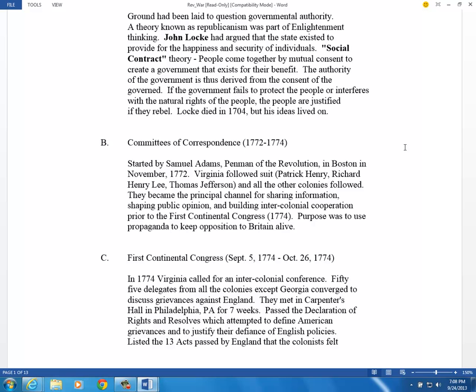Now, they're pulling this part in here, talking about deriving their powers from the consent of the governed. Where's that coming from? Whose philosophy is that coming from? Locke. John Locke. John Locke was an Englishman who wrote about government and the best forms of government and things like that. And it's referred to as the social contract.